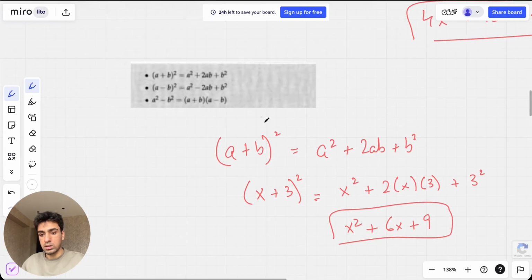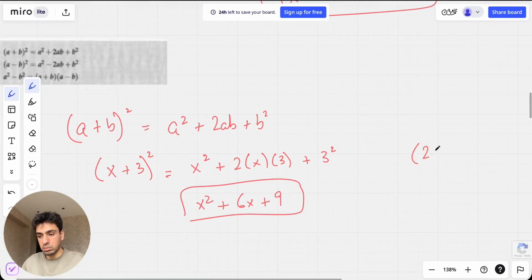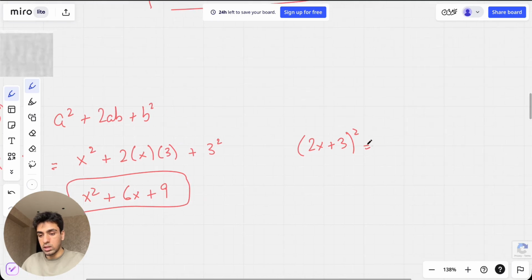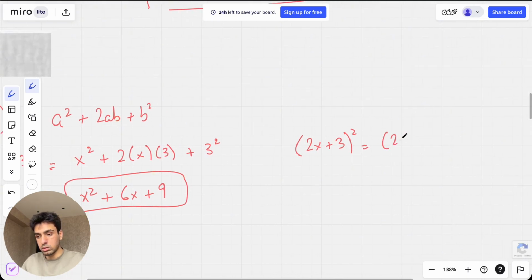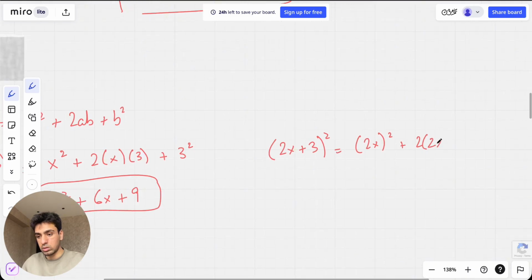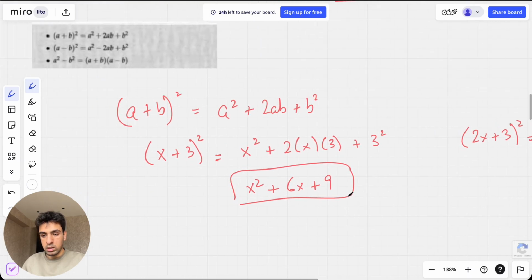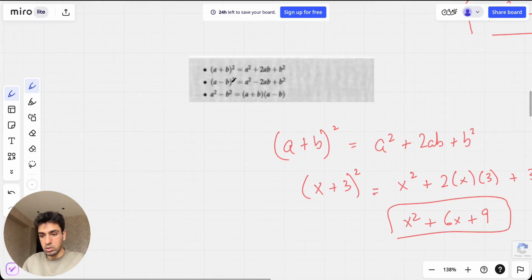So let's say we have, for example, 2x plus 3 squared. So this becomes, again, a squared is going to be 2x squared plus 2ab, so 2x, 3, and then 3 squared. So this becomes 4x squared plus 2 times 2 is 4, 4 times 3 is 12, 12x, and then 3 squared is 9. So this becomes this. Now, if it's negative, you do the same thing, but just change the sign to negative.